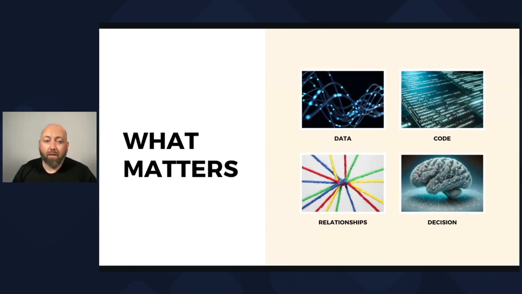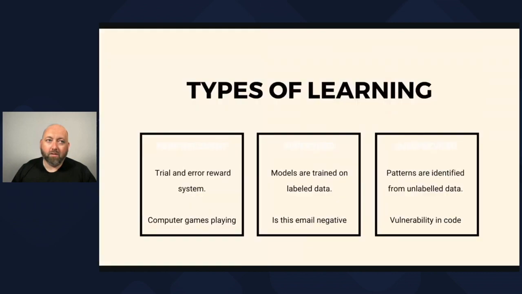That decision may be, from the data you've given me, I'm 97% sure that this email is spam. Or it might be, from the data you've trained me on, I'm now going to predict the next word in the sentence that you're trying to generate. That is pretty much the summarization of what a lot of these AI buzzwords frame into.